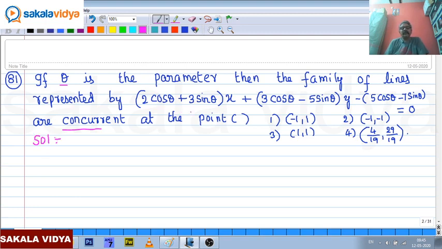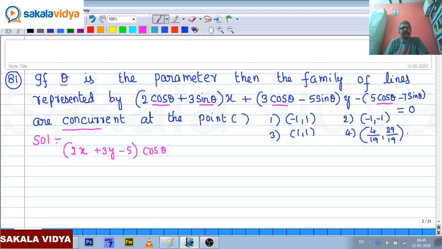So take cos theta common here. Cos theta coefficient is 2x plus 3y minus 5 of cos theta we can write.